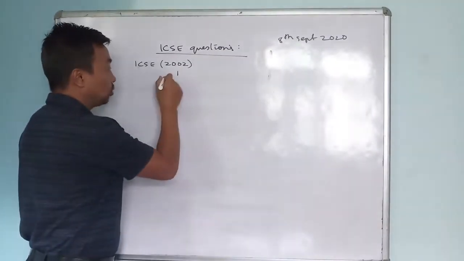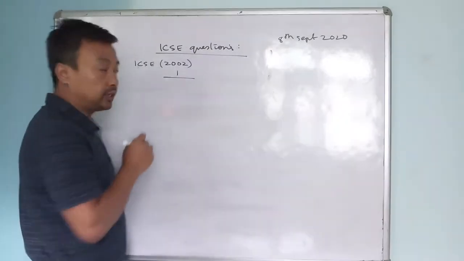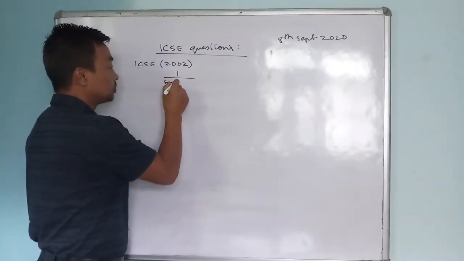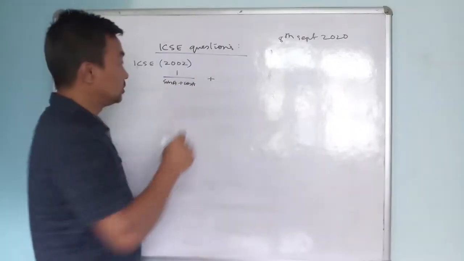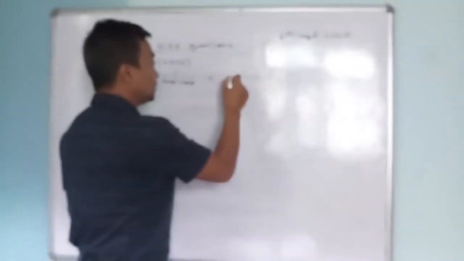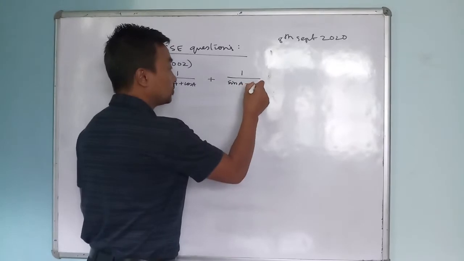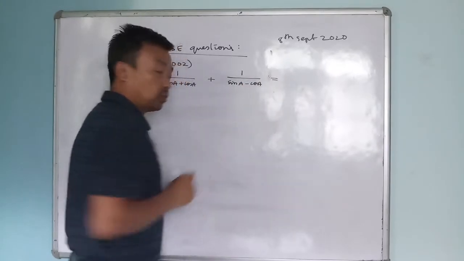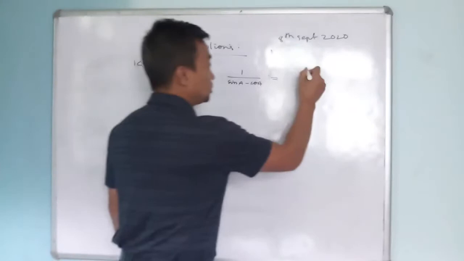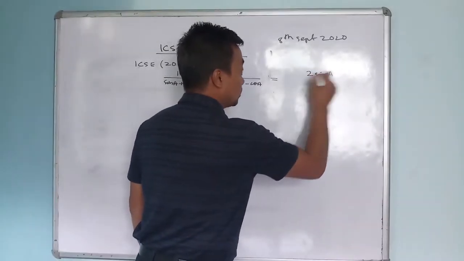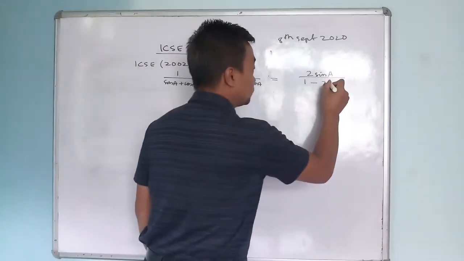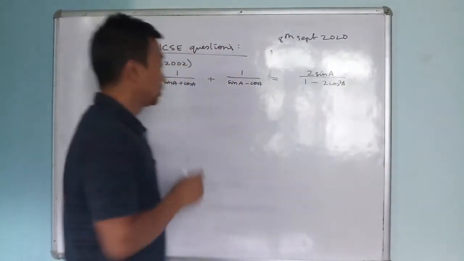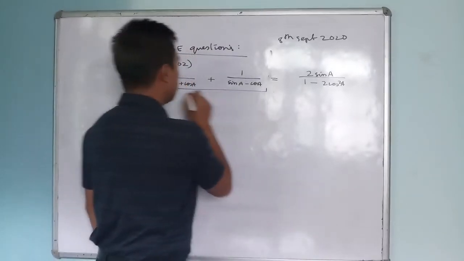It is like this: 1 upon sine A plus cos A plus another trigonometric ratio is given like this: 1 upon sine A minus cos A equals to, the right hand side we have got is 2 sine A upon 1 minus 2 cos square A. This is your left hand side.